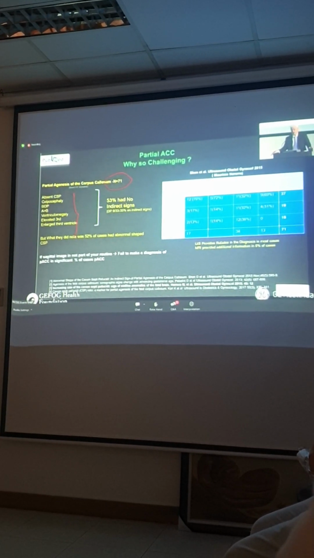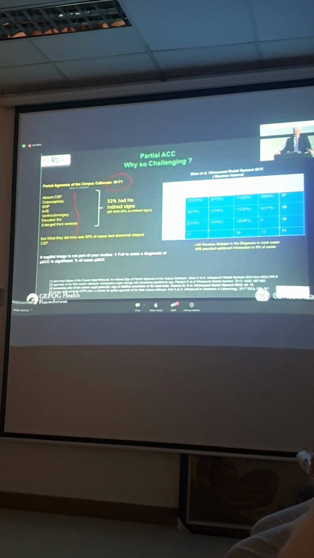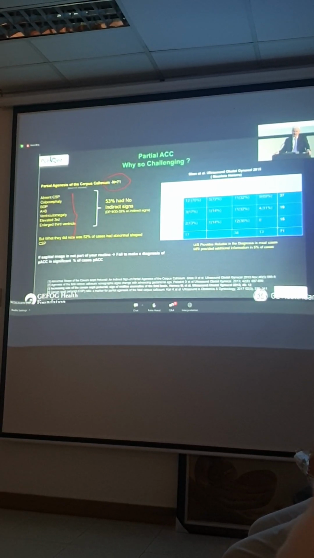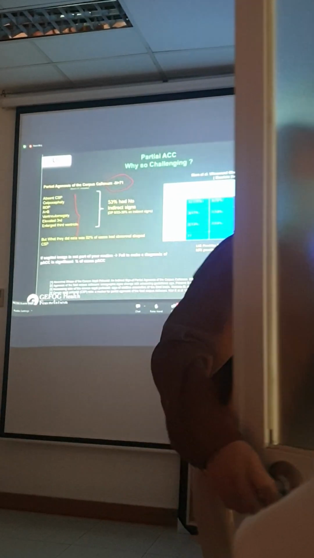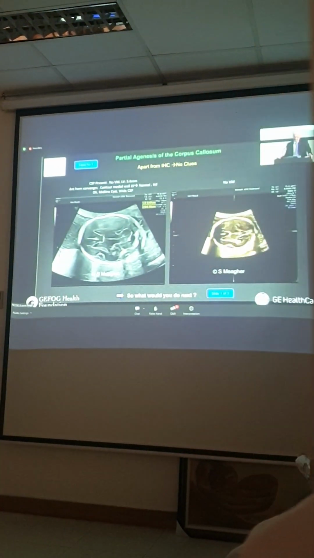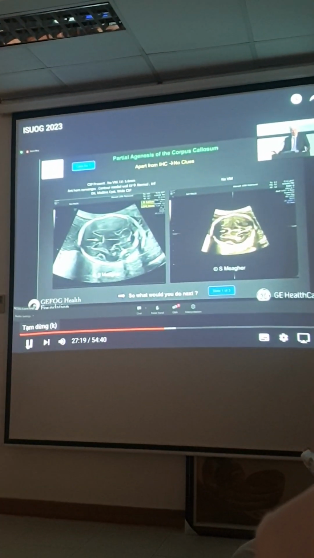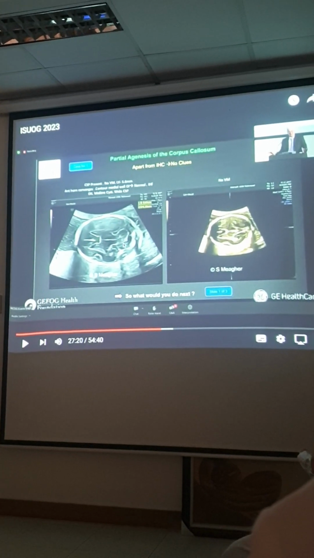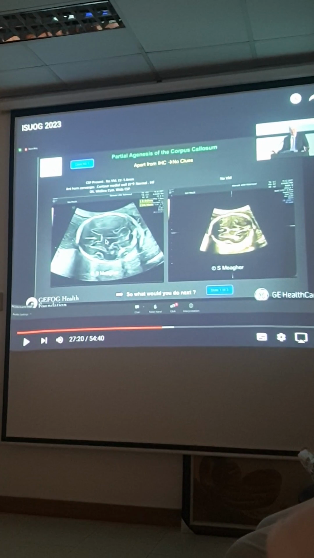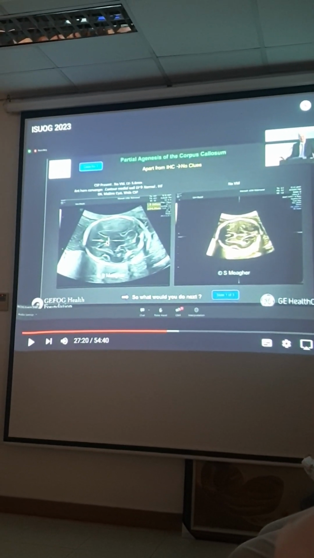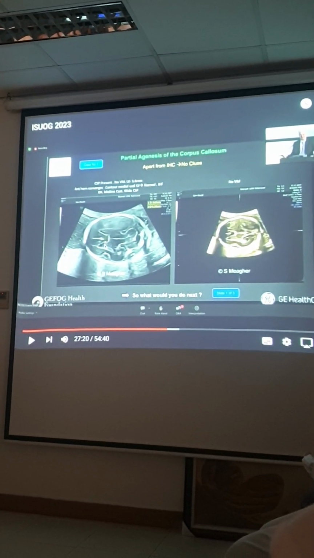So is there any hope for us in picking up partial agenesis if we do not routinely scan the brain on a sagittal section? Well, there is some good news, in the sense that when you look at the CSP that is there, thì bây giờ nó có một cái dấu gì? Các bạn sẽ thấy cái chiều dài này nó lớn hơn cái chiều ngang.